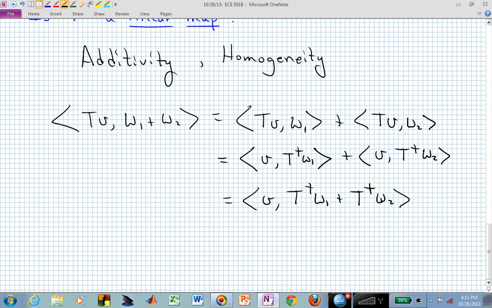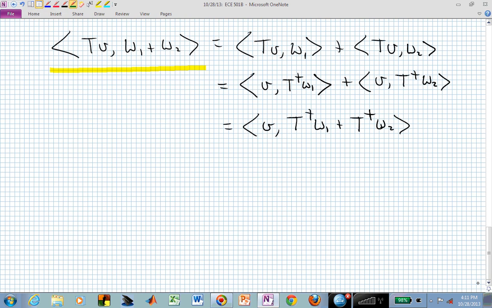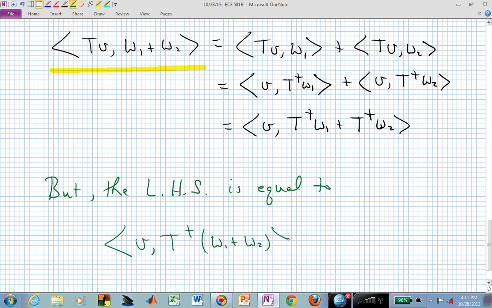But what's the left? If we looked at this quantity right here, what would that have to equal in terms of an adjoint expression? So if we looked at the left-hand side, which I've now highlighted in yellow, in terms of the adjoint, what is that equal to? It's now T dagger applied to W1 plus W2 by the definition of the adjoint.